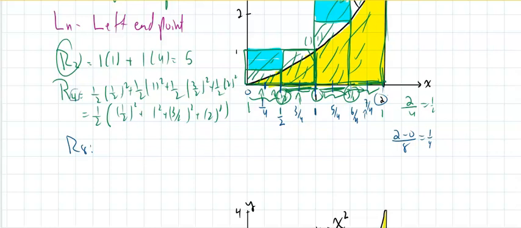And here I'm going to go up to the rectangle.